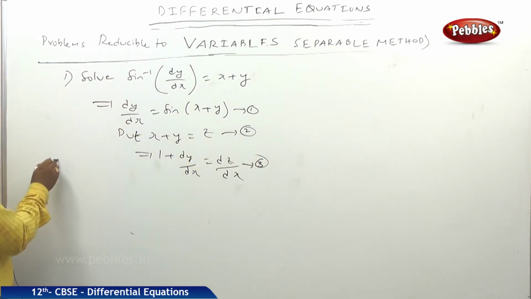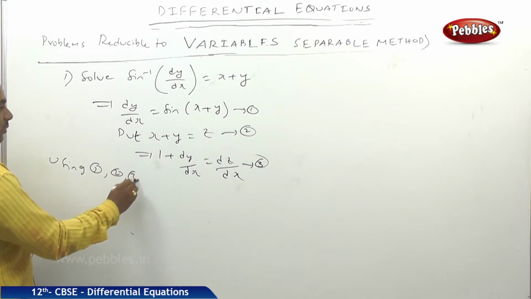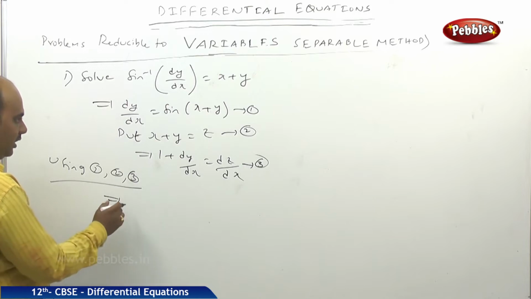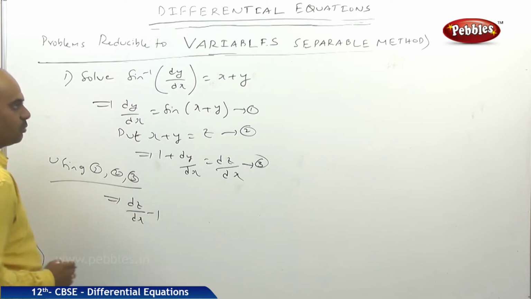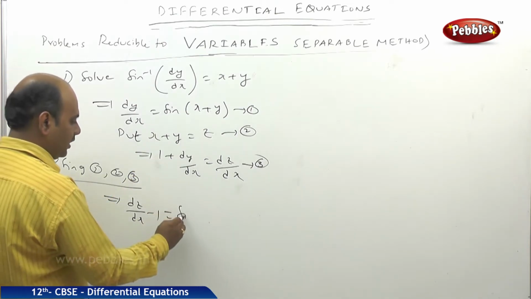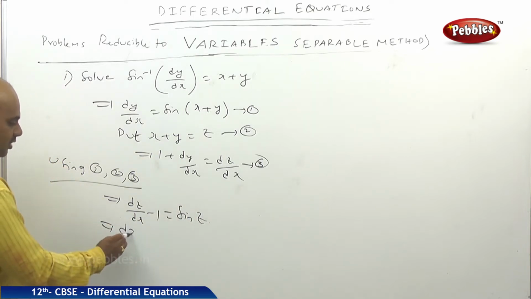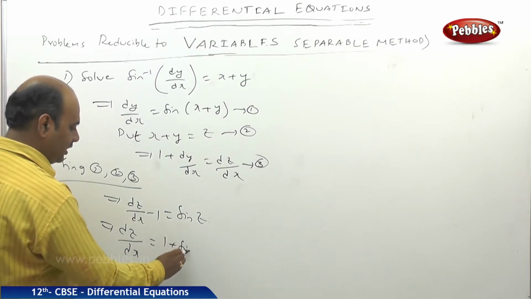So using 1, 2, 3, in place of dy/dx, I can write dz/dx minus 1, and in place of x + y, I can write sin z. So dz/dx is equal to 1 + sin z.